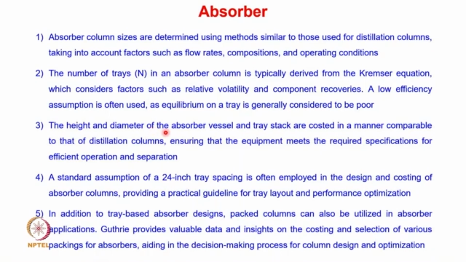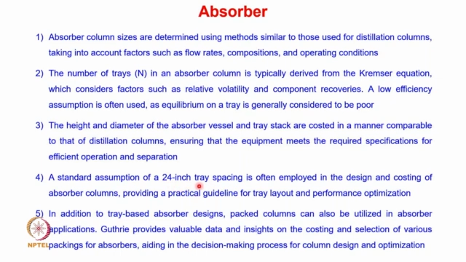The height and diameter of the absorber vessel and tray stack are costed in a manner comparable to that of the distillation columns, ensuring that the equipment meets the required specification for efficient operation. So a standard assumption of 24-inch tray spacing. This is the same as the distillation column we are using here.